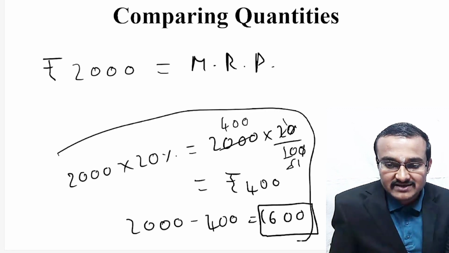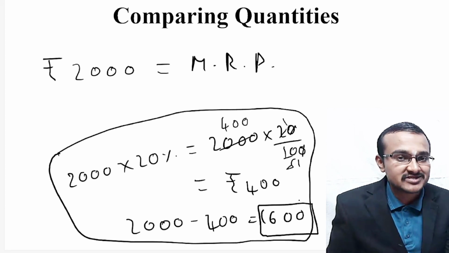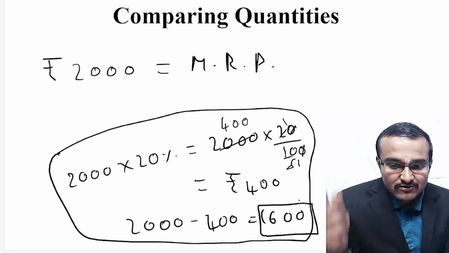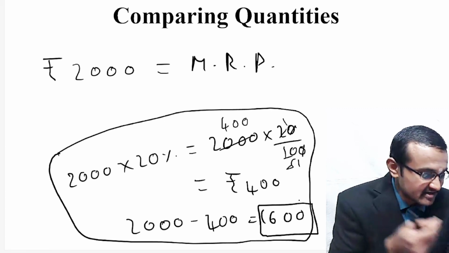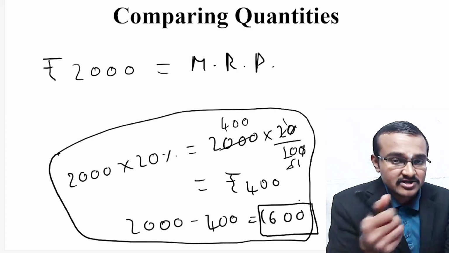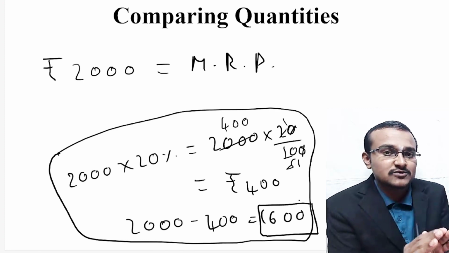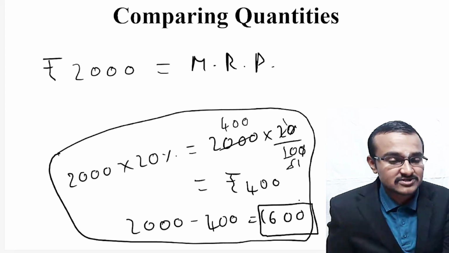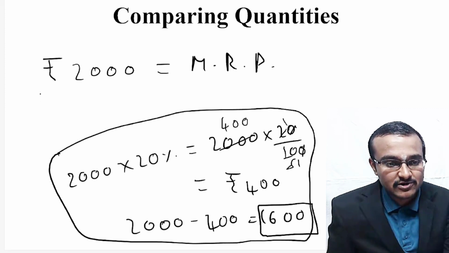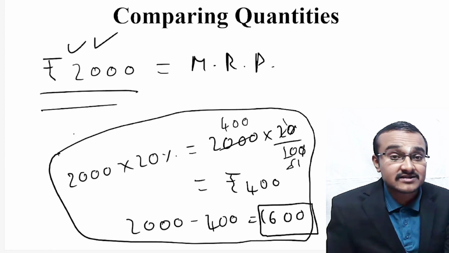So whatever I have done here is just cross verification to check whether 2000 rupees is the correct answer or not. I applied 20% discount on 2000 and got 400 rupees, and when I subtracted 400 from 2000 I got 1600. Even in the question they mention this person has paid 1600 after discount. So the total MRP of that pair of skates is rupees 2000. So 2000 is the answer for this third question.